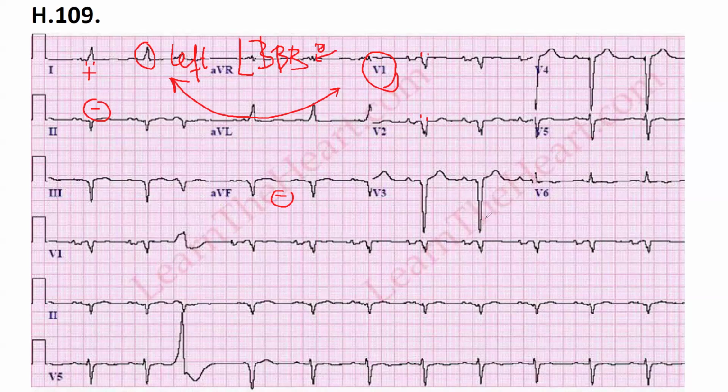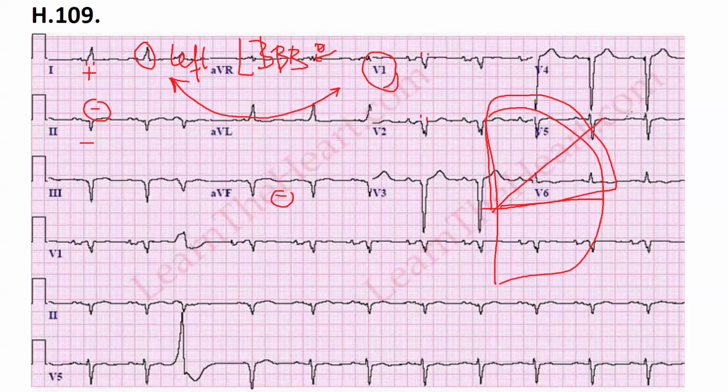First of all, lead number one is positive, so you are on the left side for sure. After that you look at AVF, and immediately you say, we are in this quarter. Then you look at lead number two, because lead number two is perpendicular to AVL, so that's minus 30, and somewhere you are here.